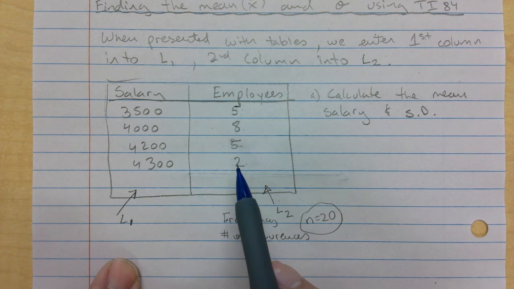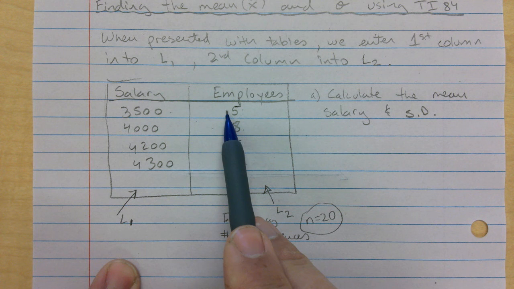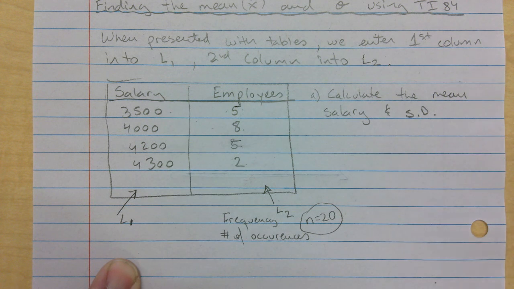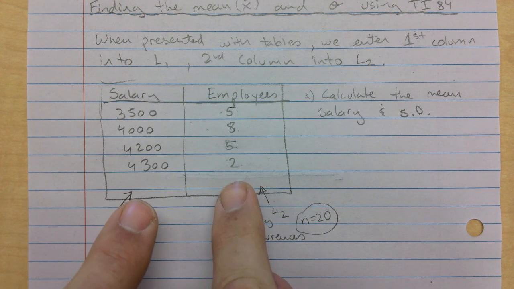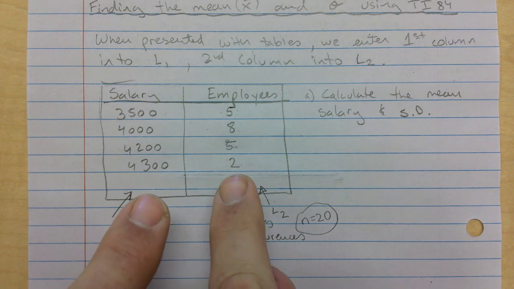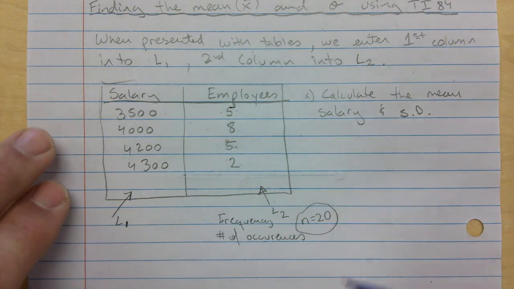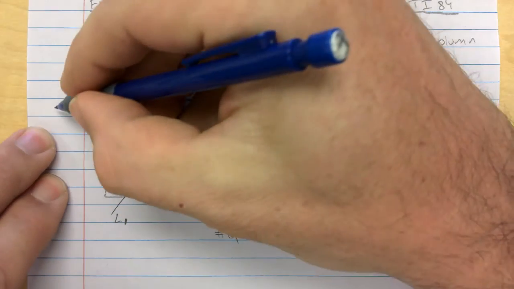It's just there's some repeats. They repeat. 3,500, that salary repeats 5 times in our data set. So you can imagine a big table with 20 entries, and it's just now put down into this. It's basically a frequency table. Let's write it down.